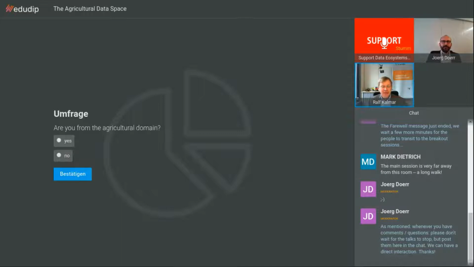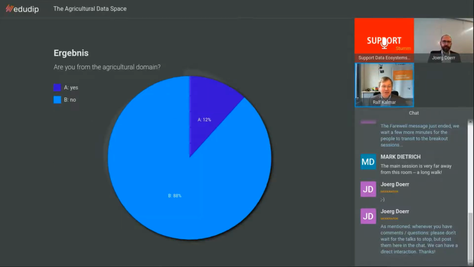So half of the people have given their votes so far. And maybe just wait a few more seconds so that we can reach 20. But I think it will not change much regarding the overall trend. So most are not from the ag domain.